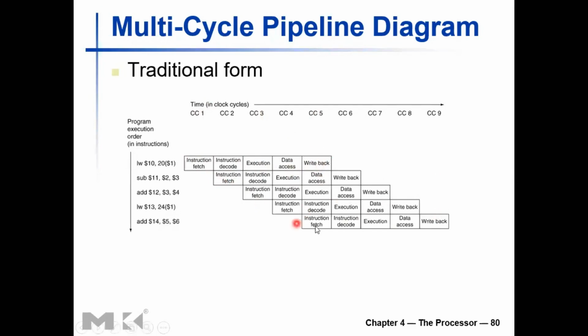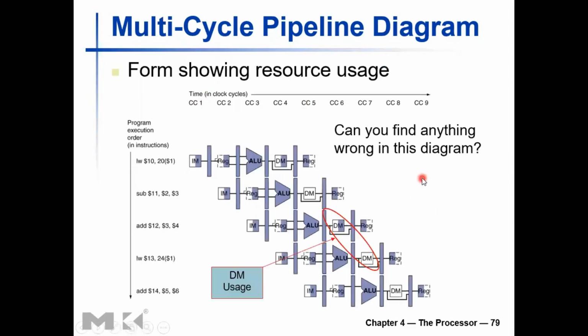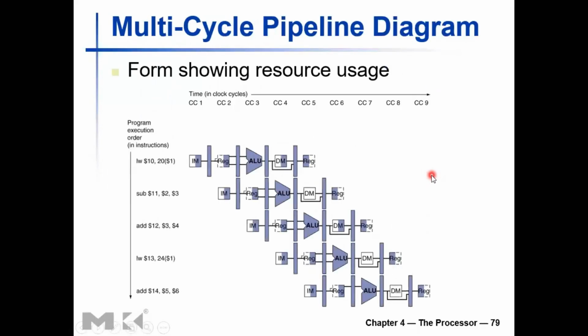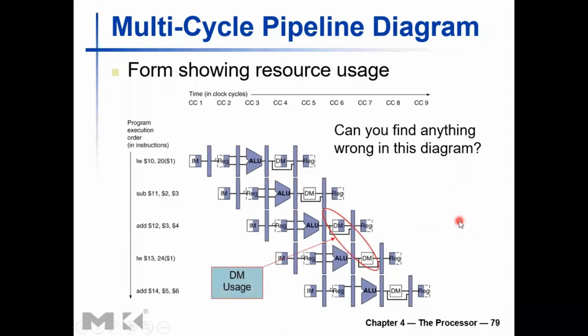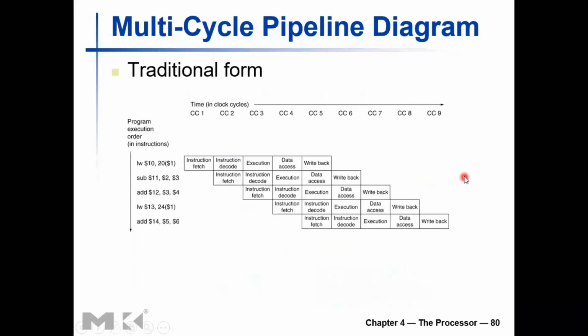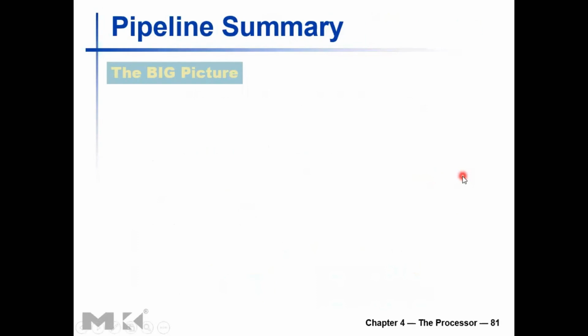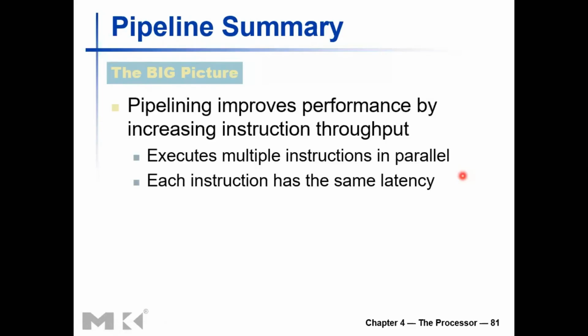And the same is staggered for the subsequent instruction. This form of the diagram contains more information. It shows what resources are used and how by each instruction at each stage. So it's a more informative diagram, but pay attention to little errors like that.